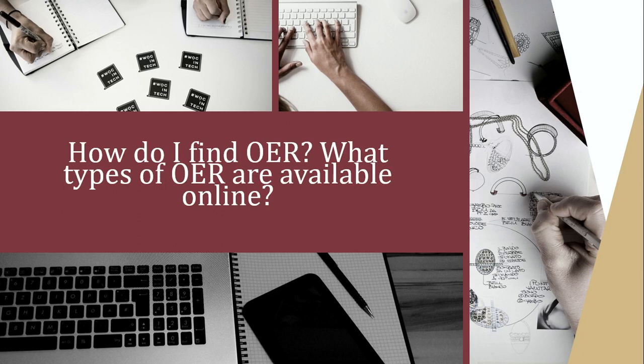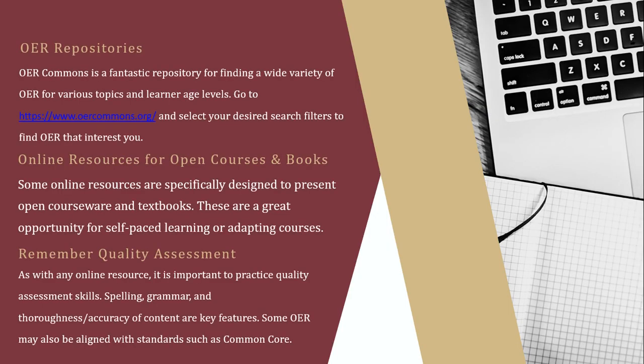At this point, you might be wondering, how do you find OER and what are the types of OER that are available online, particularly as we are all practicing social distancing and can't easily access resources like libraries? Well, a few things you might consult include OER repositories, which are large databases with all different types of open educational resources. These vary by topic, by learner age level, by medium type.